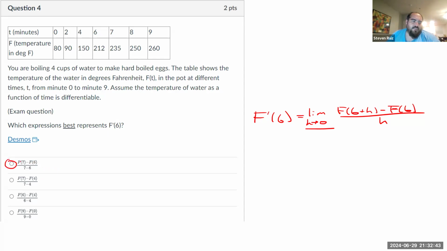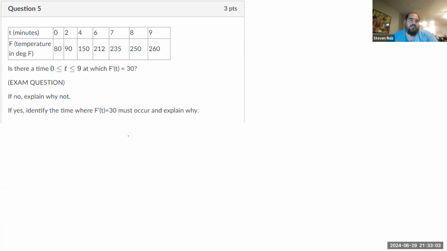I think that's this first one, because this is going to be an interval of 1 minute, as opposed to this interval for choice 2, which is 3 minutes, then 2 minutes, and this last one will be the worst, because that's just taking the average rate of change over a full 9-minute span. So the first choice is the best there.